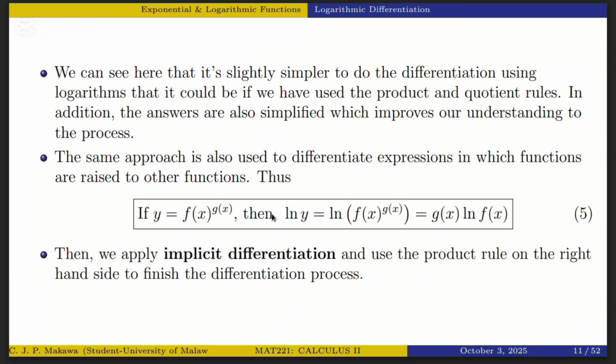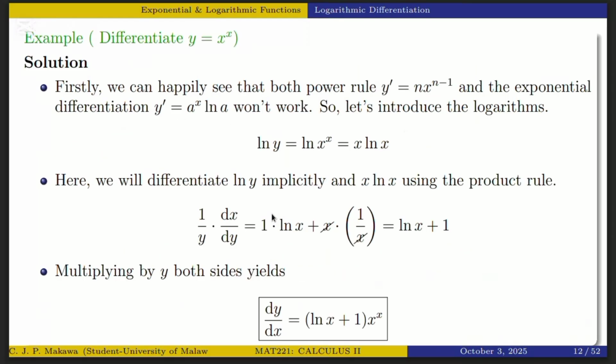If you apply implicit differentiation on that, just as we did in the previous example, you're going to see that this will even be simpler using logarithmic differentiation than some of the ways that we might think of. So that's what we're going to be doing in this video.